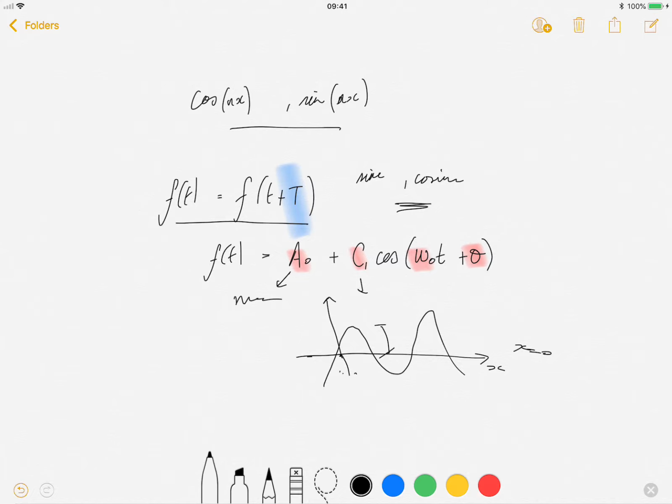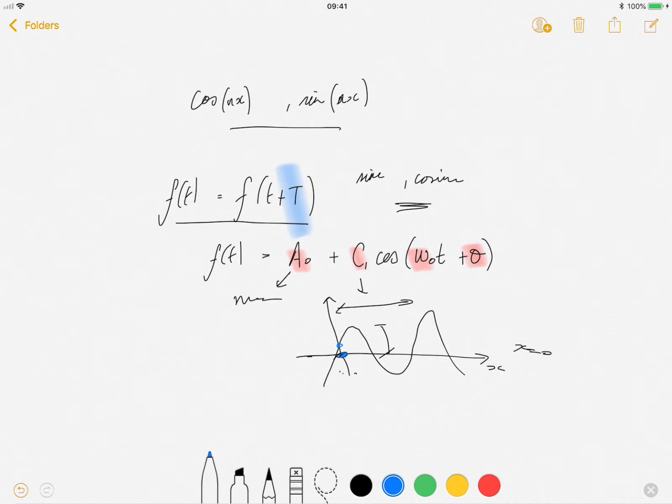Omega0 is our angular frequency and tells us how often cycles occur. And theta is the phase shift, or angle. It tells us the shift horizontally in radians from t equals 0 at the origin to the point of our new cycle.